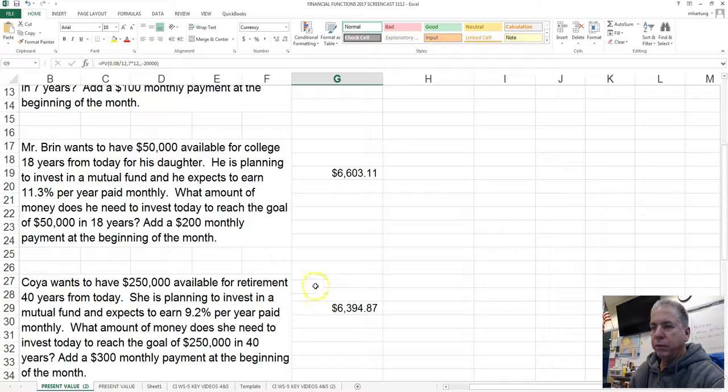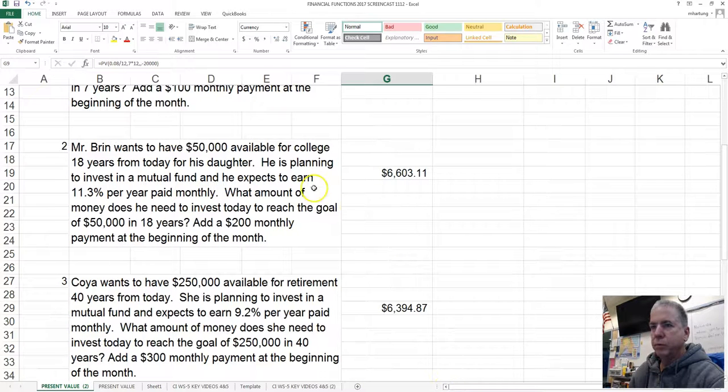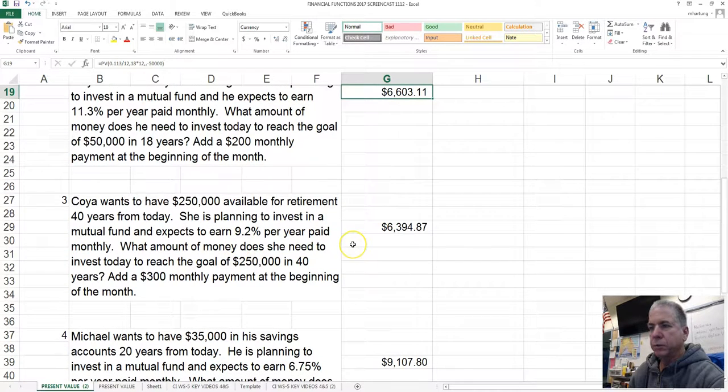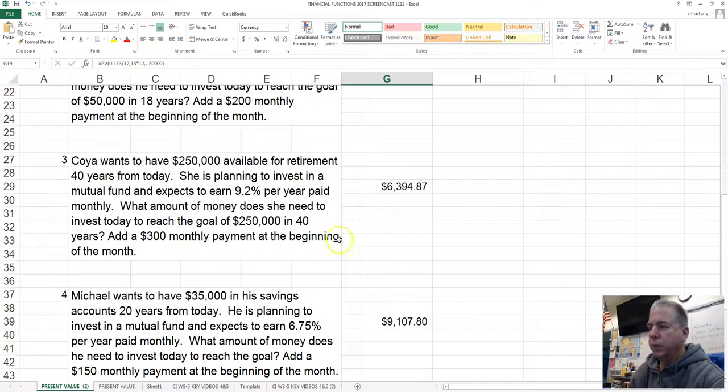$11,445.43 for problem 2. The Mr. Brin savings account, you would have calculated the present value of $6,603.11. For Koya, trying to reach a goal of $250,000 40 years from now, she would have needed to start with $6,394.87 today.